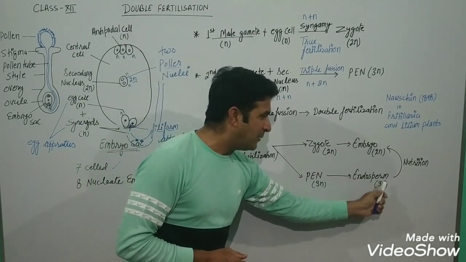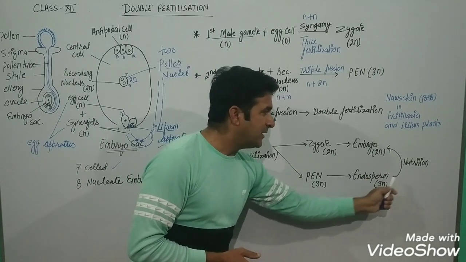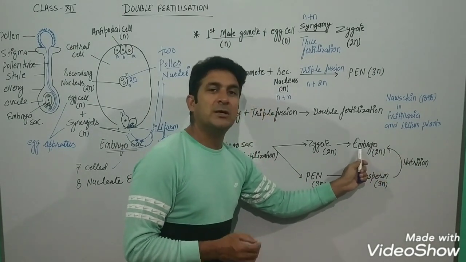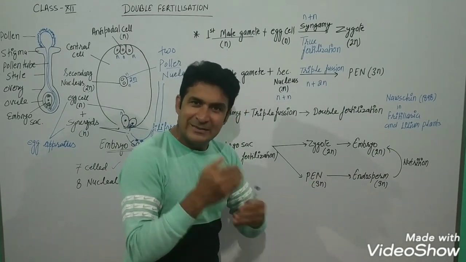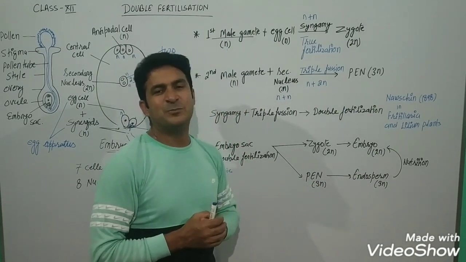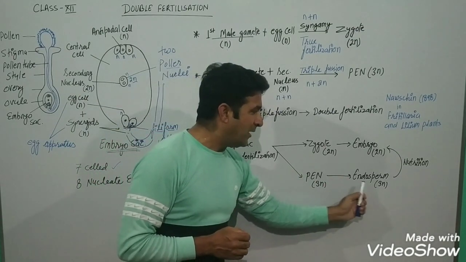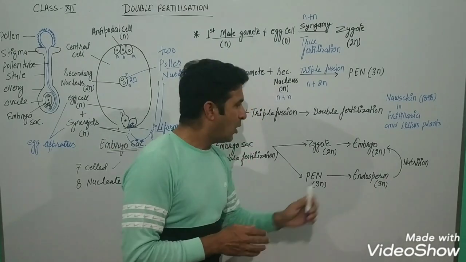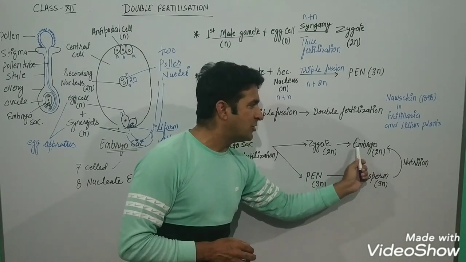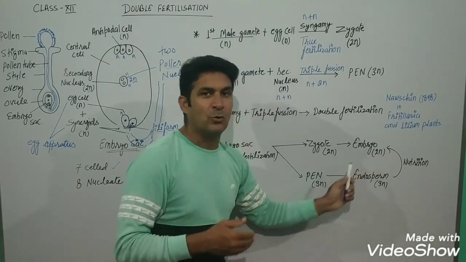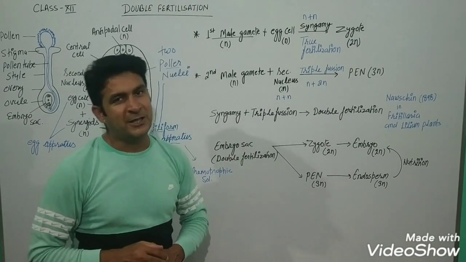This endosperm is formed first and then gives nutrition to the developing embryo. These processes run simultaneously. So we can say the endosperm was formed first, and after its formation this endosperm will provide nutrition to the developing embryo. And then after that we can see the mature embryo.